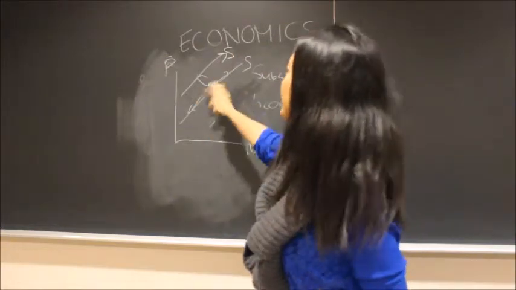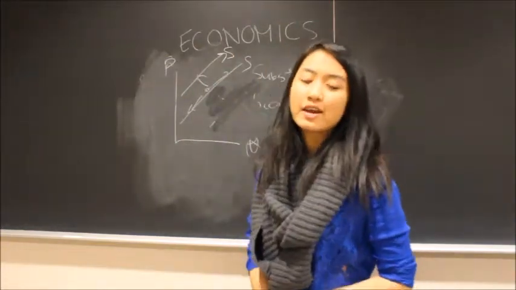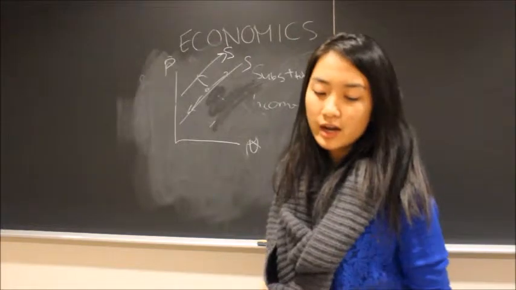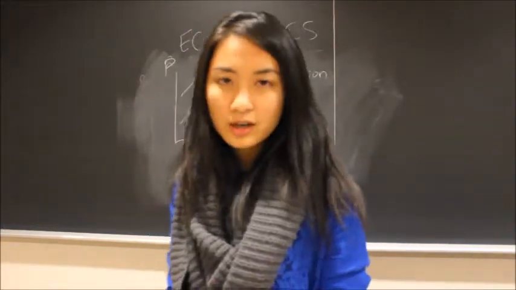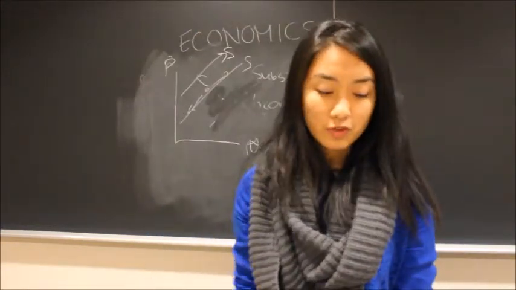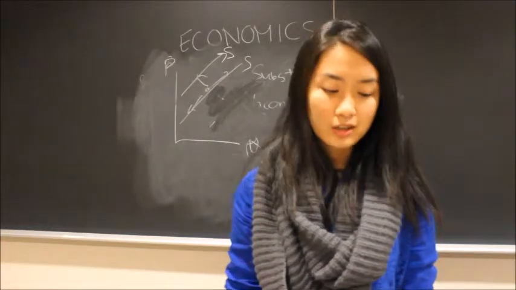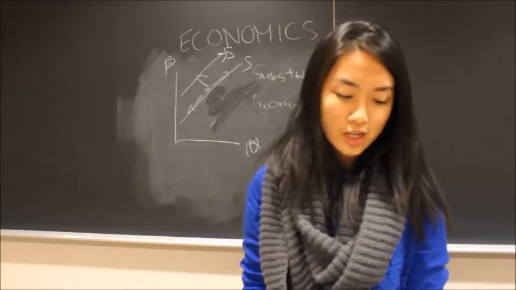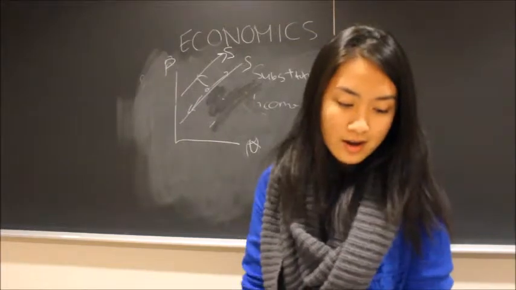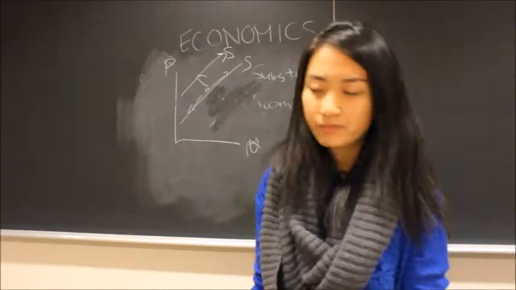That's moving to the left, that means supply will lessen because the cost of milk is higher. Another one is prices of related goods, like substitute goods, expected future prices, number of suppliers, technology, and the state of nature, for example, like a natural disaster or something like that.